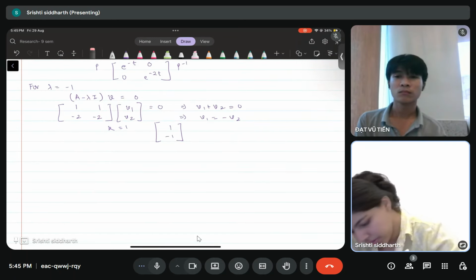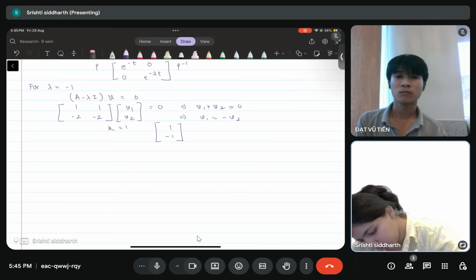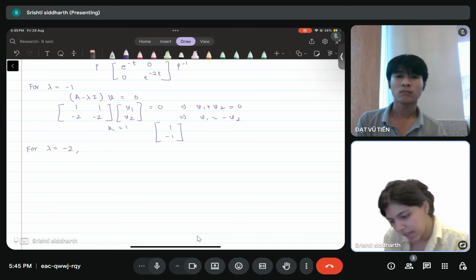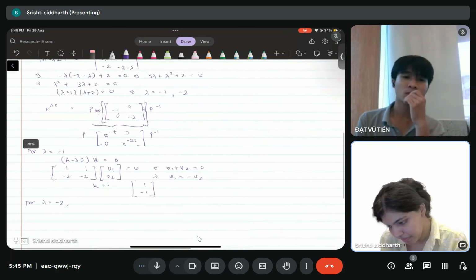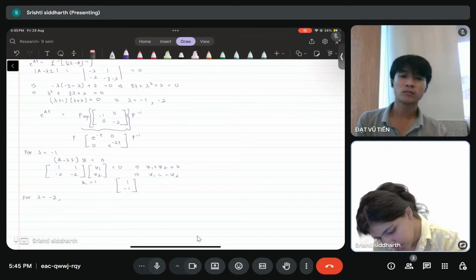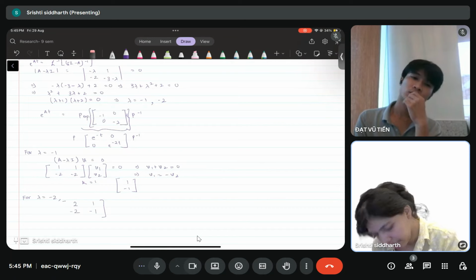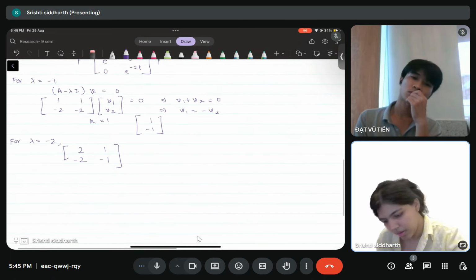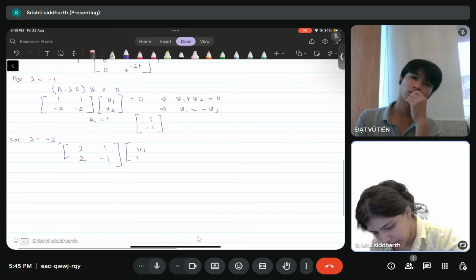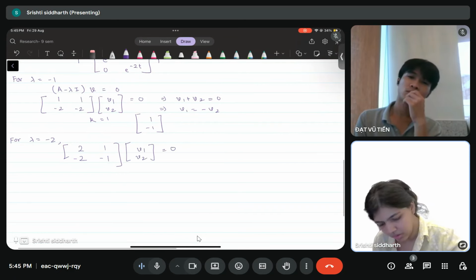Okay. For lambda equals minus 2, A minus lambda I is 2, 1, minus 2 and minus 1. So this acting on v1, v2 equals 0.